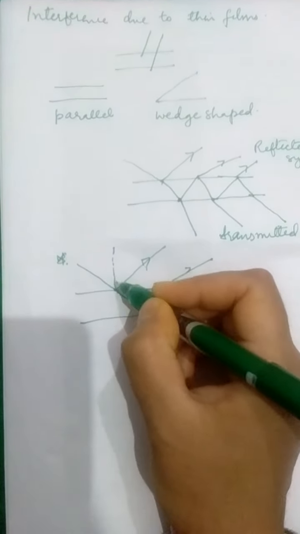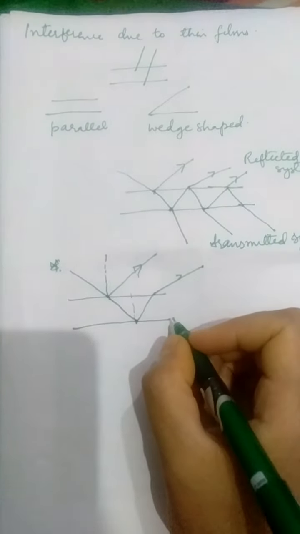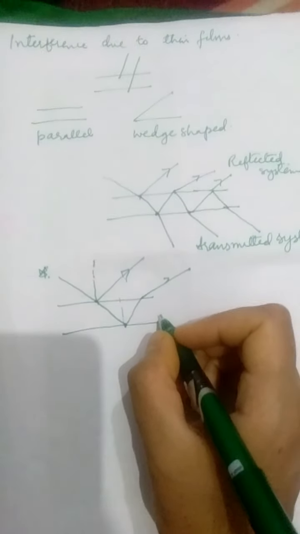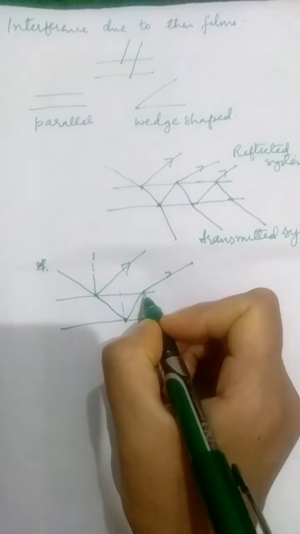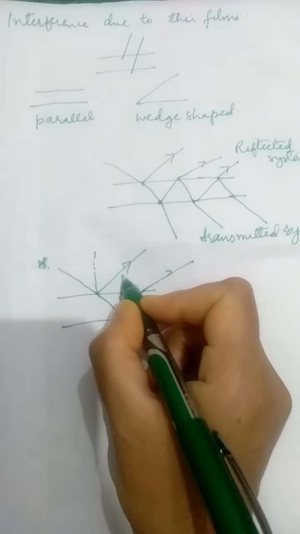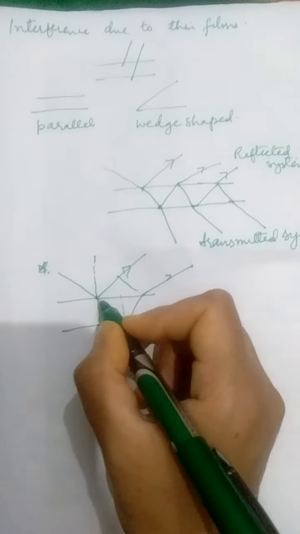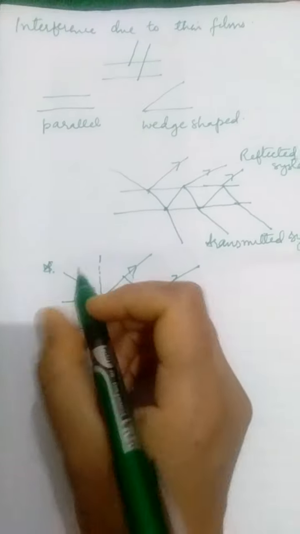So this is the normal here, this is the normal here, right? And so on. Now, what is the path difference? We are basically interested in the path difference. The path difference is, as always, we drop a perpendicular from one ray to another. The extra distance covered is this much, right? So let us try to name these points also.